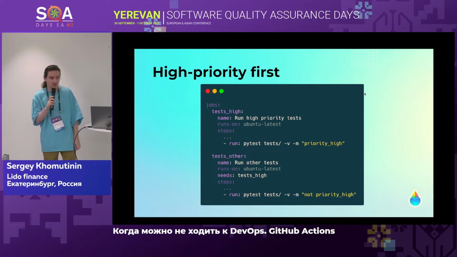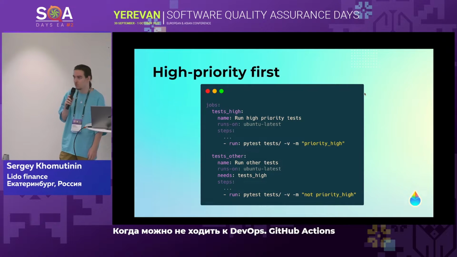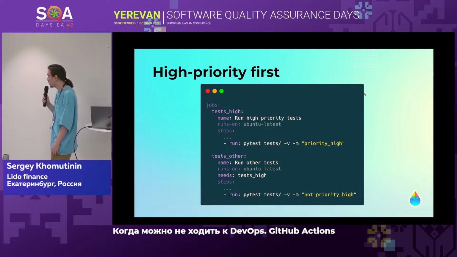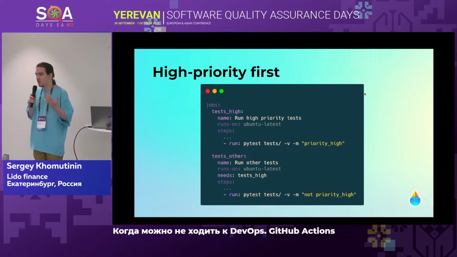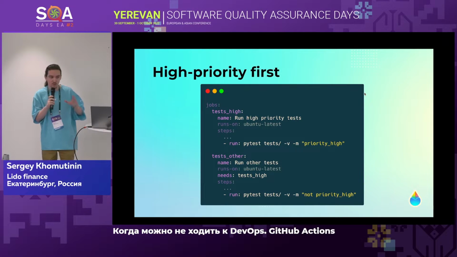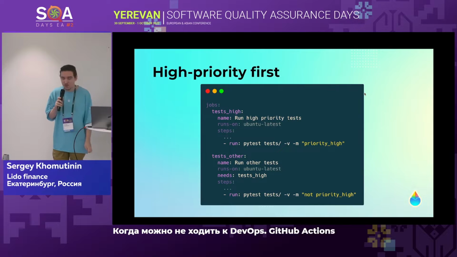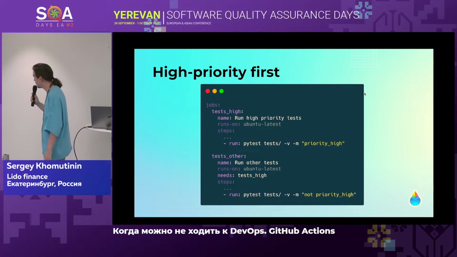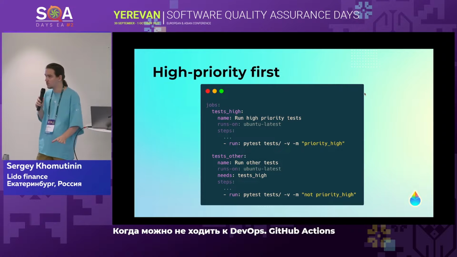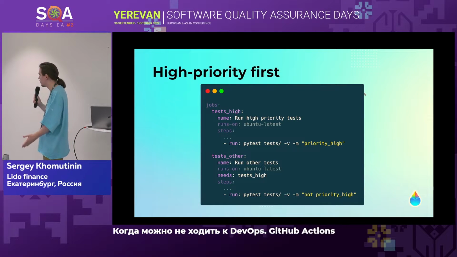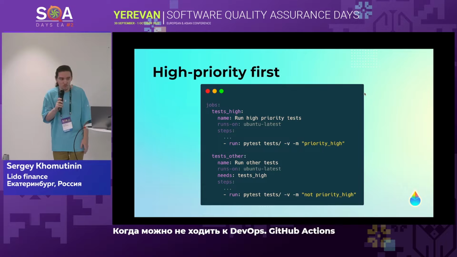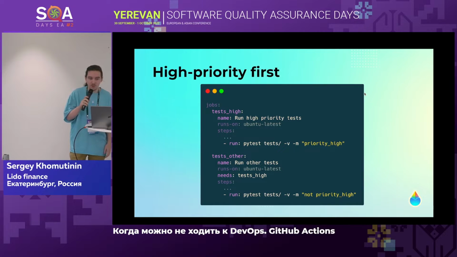So before we launch our 1500 tests, let's make sure our basic functionality is A-OK. So let's separate a few tests as top priority, mark them, and before running 1500 tests, we will first run a sample of tests to check the functionality to avoid any redundant work.